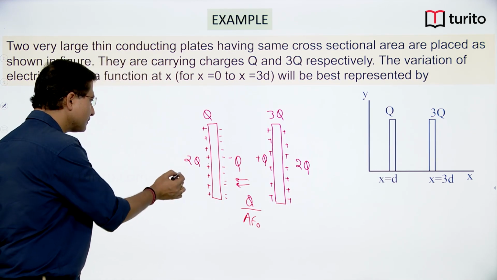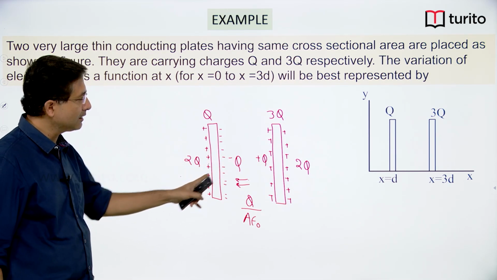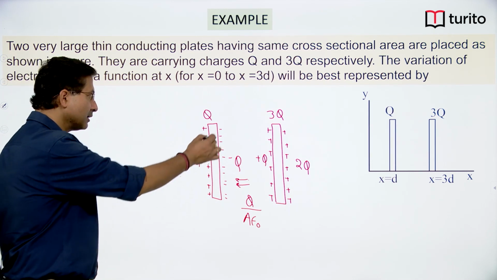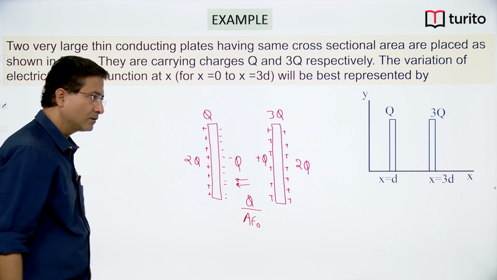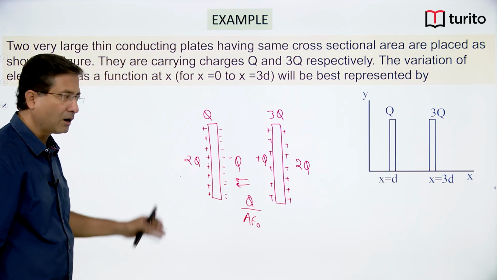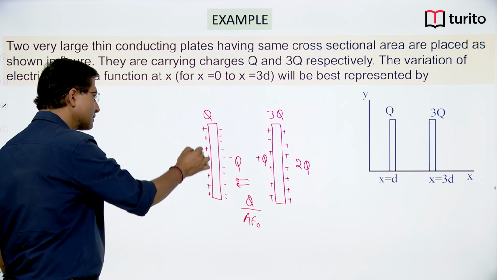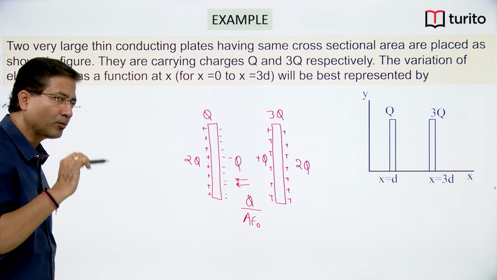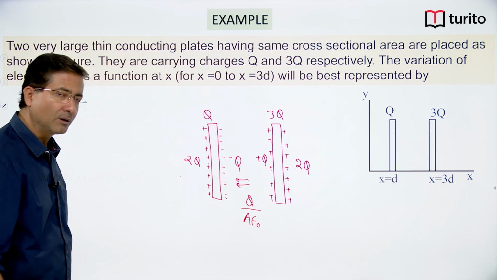So, the field here will be q upon A epsilon naught in this region, right. Similarly, the field here: now this negative charge will produce field towards and this positive charge will produce field away, so the inner surface charge effect will get cancelled out at a point outside the arrangement. But look at this one, this outer surface charge 2q will produce field in this direction, that is 2q upon 2 epsilon naught, and this will also produce field 2q upon 2 epsilon naught.